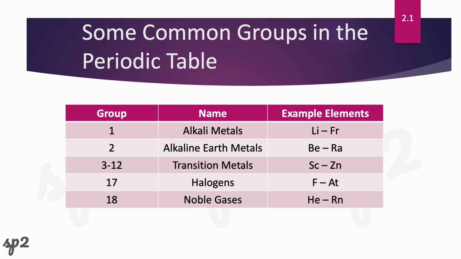Then group 17 is our halogens, from fluorine to astatine. We also have the very last column, group 18, which is also very important, known as noble gases, and those are from helium to radon. It's just a good idea to know the names for all of these groups. They are quite famous in our chemistry world.